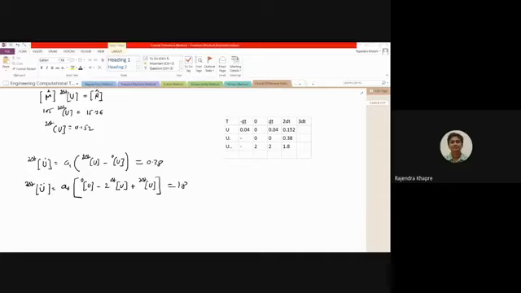Roll number 3 is present. Structural engineering, I think she is not there. 4, 5, 6, 7, 8, 9, 10. Roll number 11.